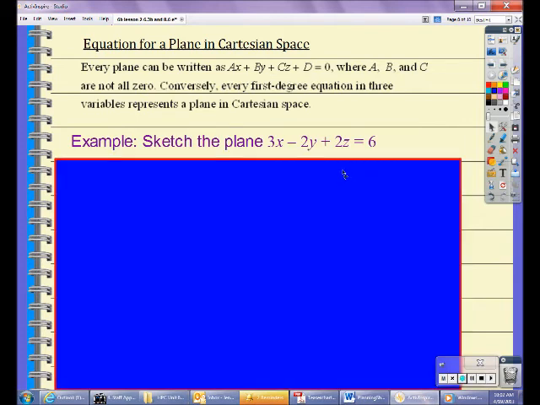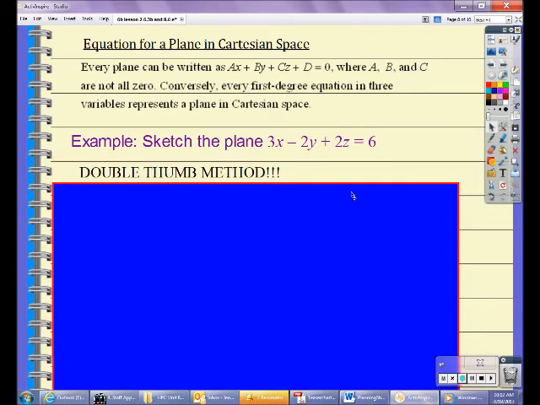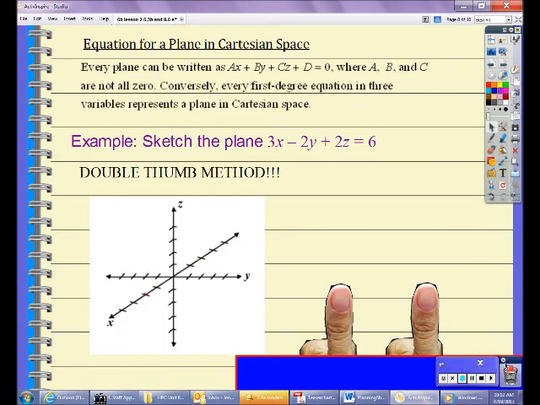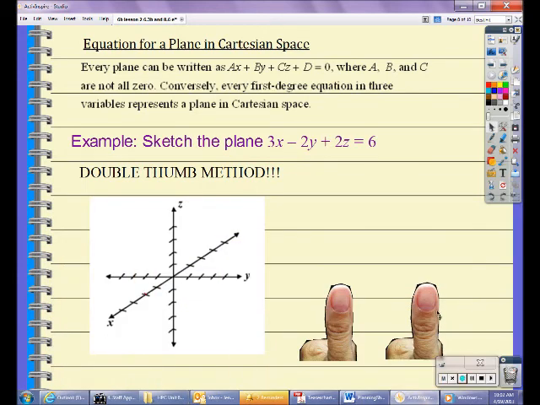So what are we going to do? We're going to sketch the plane 3x minus 2y plus z equals 6 using the double thumb method. Same idea as before, only we have 2 thumbs. We need to find the intercepts. This time we're going to find the x-intercept, because y and z both equal 0.